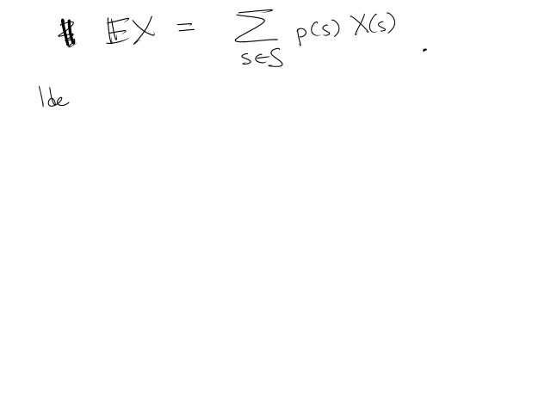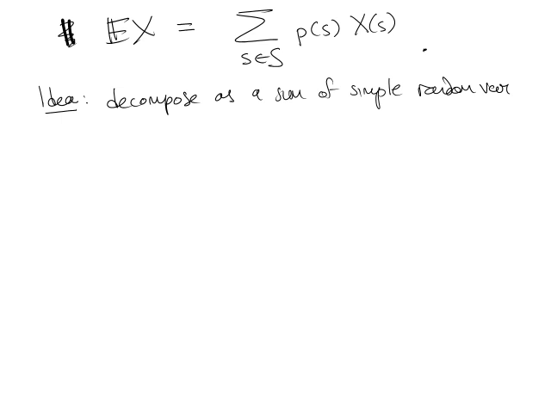So the idea is to decompose it as a sum of simple random variables, where simple means it shouldn't depend on everybody in some complicated way. Maybe it should only depend on 1 or 2 people. So the right thing to do here is to define a random variable for each pair of people in the class.